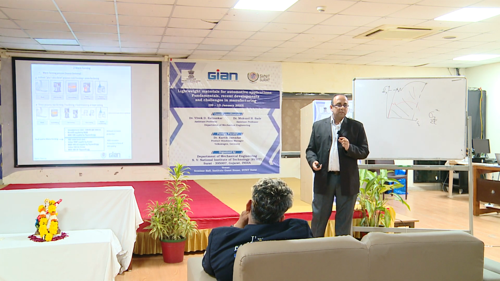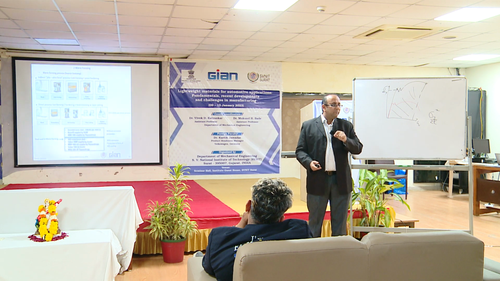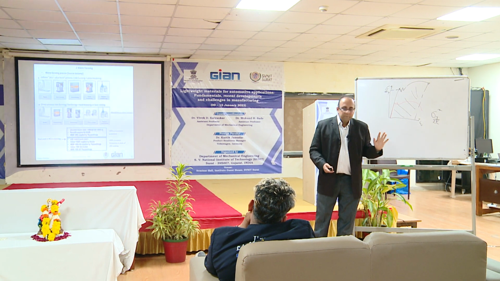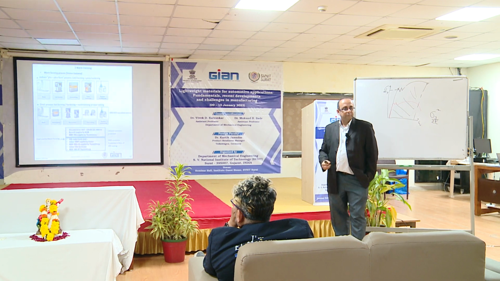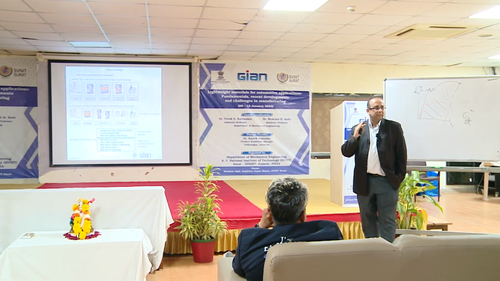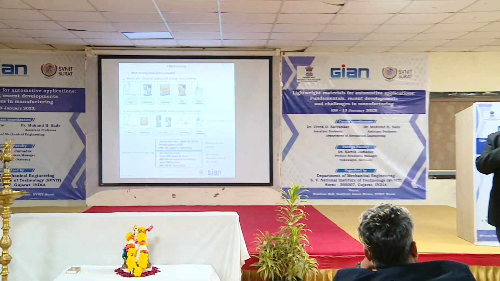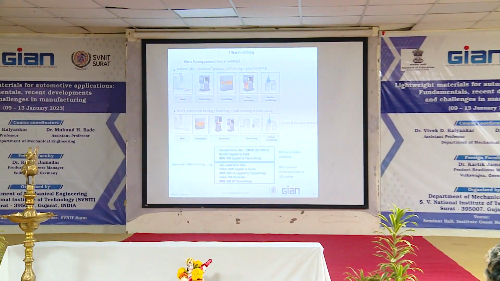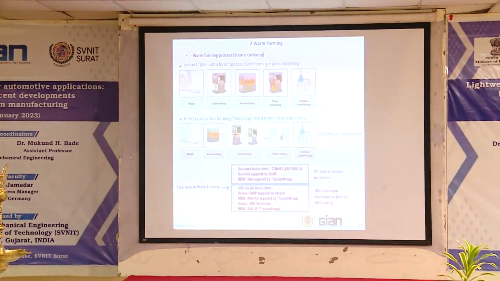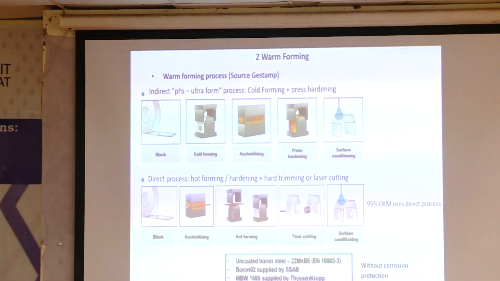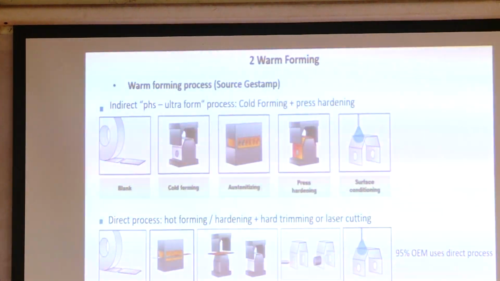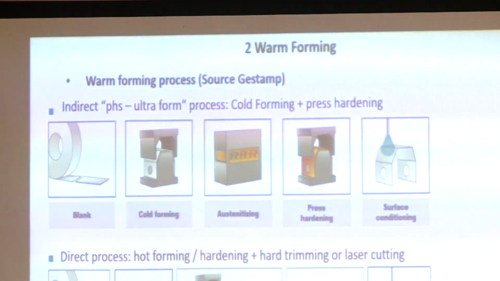So now comes the second process, the direct process. This is the most commonly used process in practically all automobiles. You have the part, you put it into the oven, go to 950 degrees centigrade. The part becomes complete austenite, a very good deformable part. Now you put it into the forming and you form the part in the hot condition, but your tooling is cold.